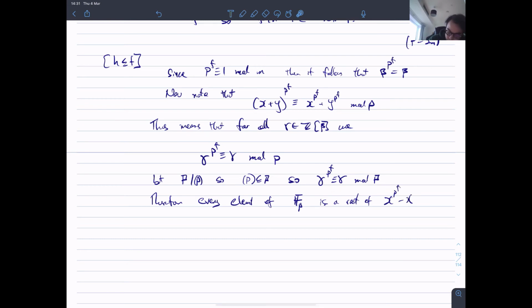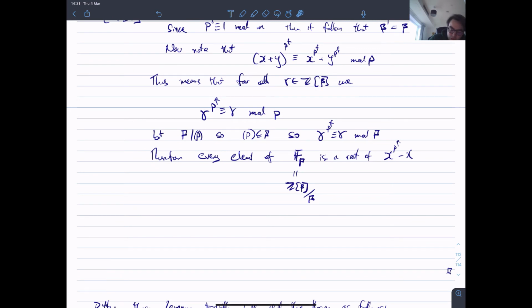This is what is shown. Everything is a root of this in F_p. Remember, this was Z[beta] over my prime ideal.